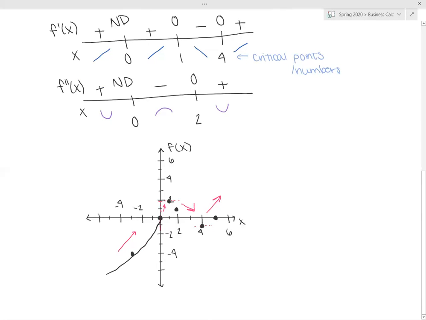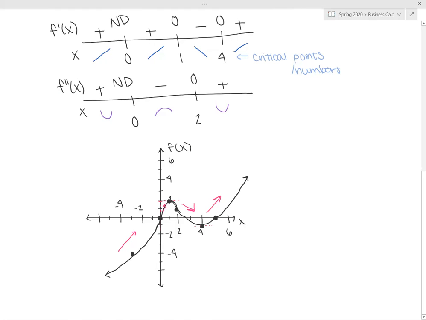We're going to go just slightly vertical there, and then we're going to switch to concave down. We're going to stay concave down through to 2, and then we're going to go back to concave up.